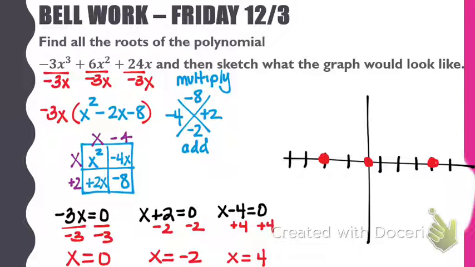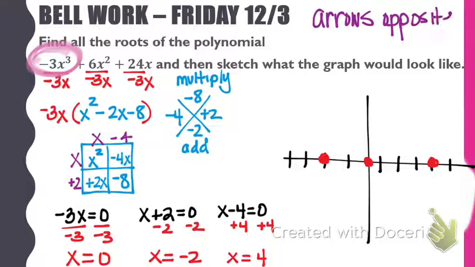So because this right here, this is an odd degree, I know my arrows are opposite. So let's start with the right side. On the right, which is off the 4, is it going to go down or will it go up?